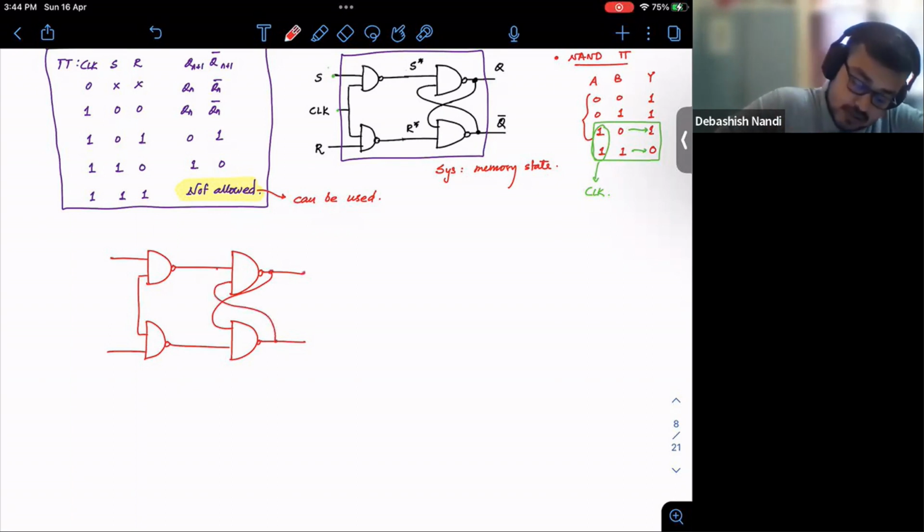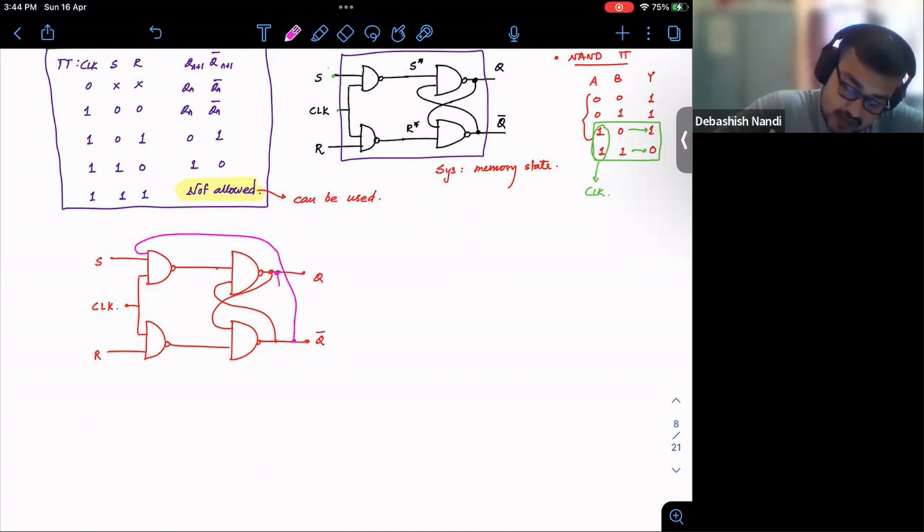So this is your Q bar, this is your S, R, and let's say you have some clock here. So the way you can use this is, you just have another input and crisscross, you connect the outputs like that.